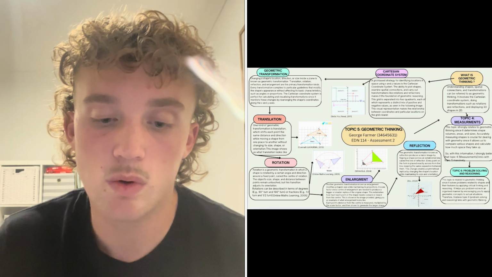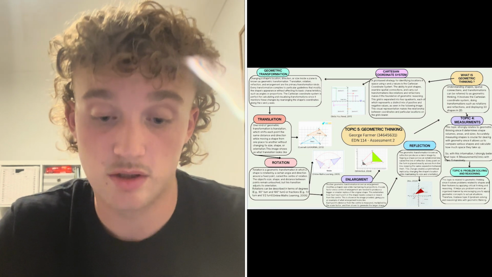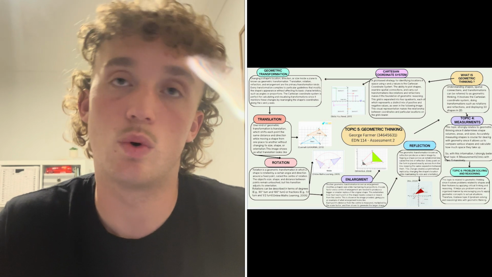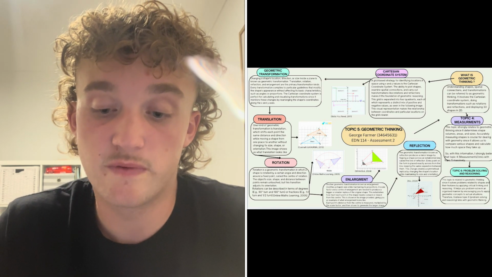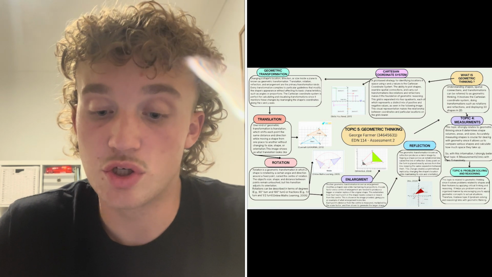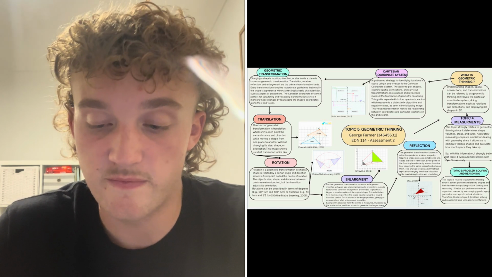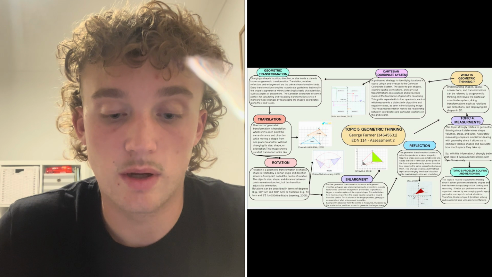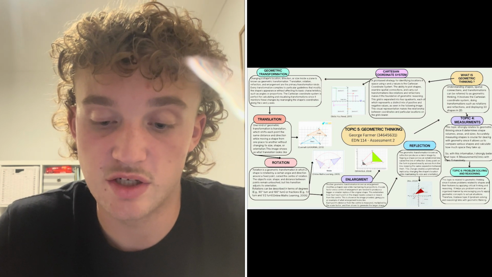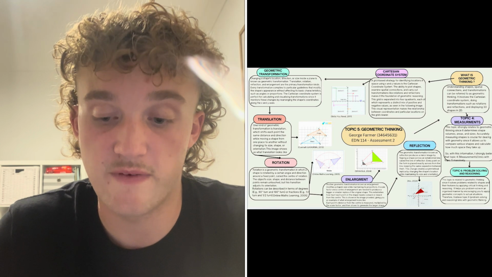The role of the Cartesian coordinate system. Returning to the Cartesian coordinate system, it's essential for tracking these transformations accurately. It is divided into four quadrants with positive and negative values. The grid also allows us to plot shapes, apply transformations, and clearly observe their effects.